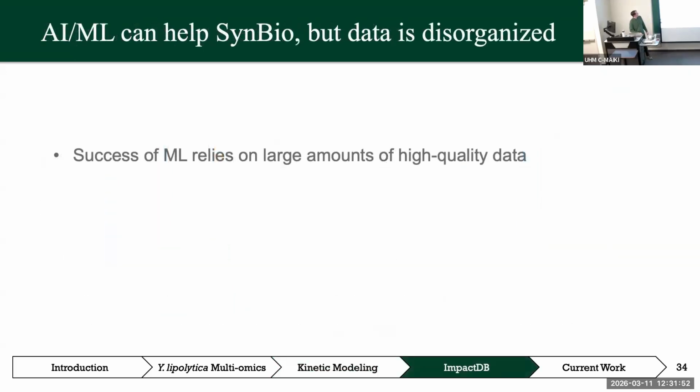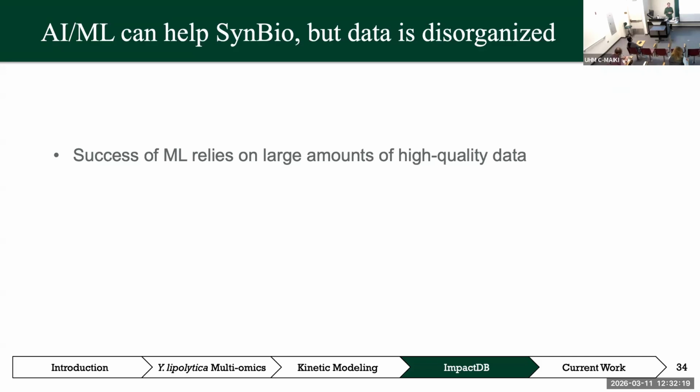Okay, so then the third story that I want to tell is about a thing called ImpactDB. The question this one aims to solve is the fact that synthetic biology data is all published. There's lots of data, but it's all published in Excel files that are supplementary data. And there's no standardization.